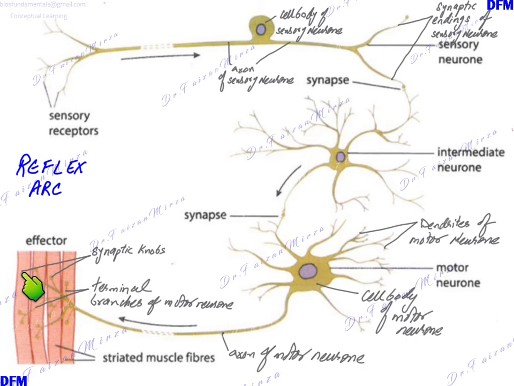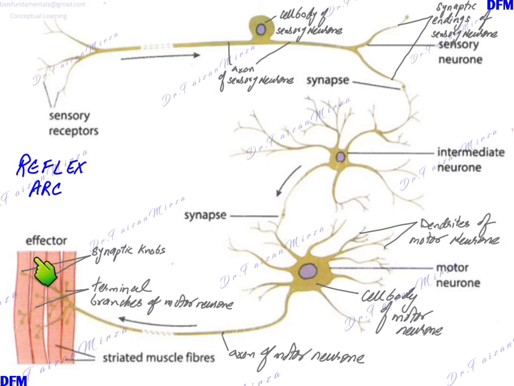Once the wave of depolarization arrives here, again a neurotransmitter is released that goes on to attach to the effector, which could either be a muscle or a gland. In the reflex arc where we are discussing the withdrawal reflex, this must be a muscle. So the neurotransmitter is released at the membrane of the muscle. The muscle membrane also depolarizes in the same way as the neuron was depolarizing.